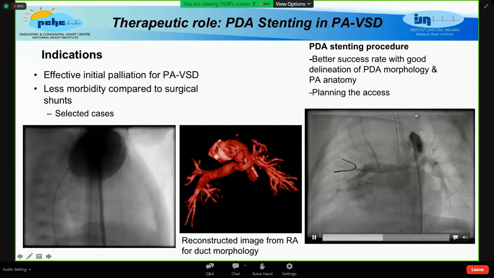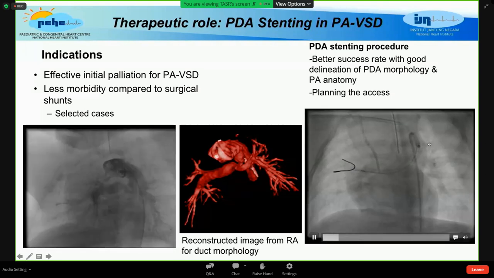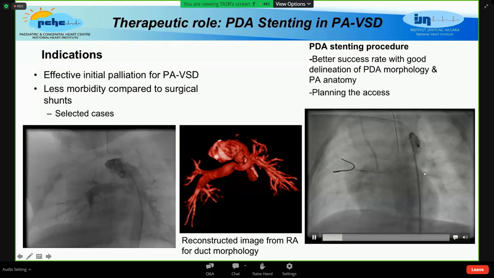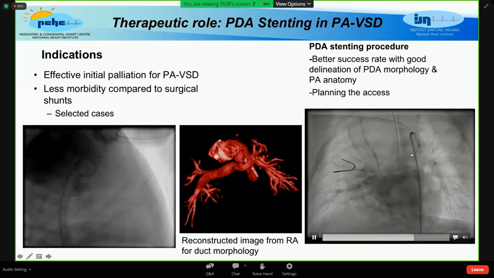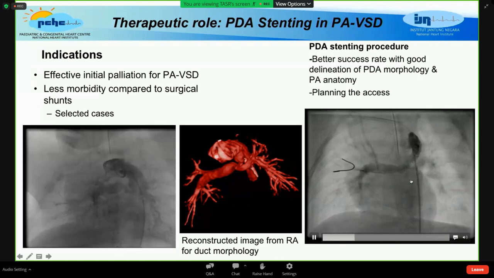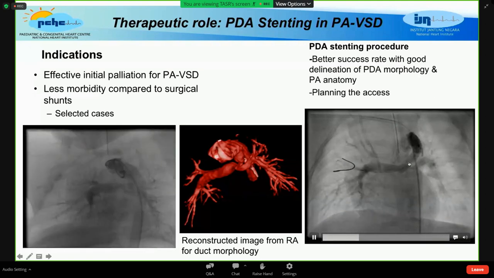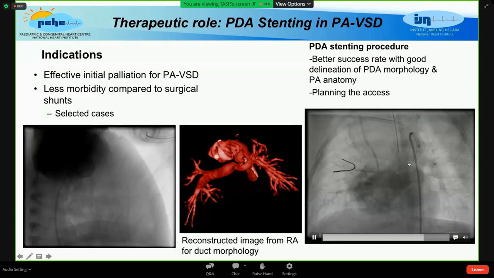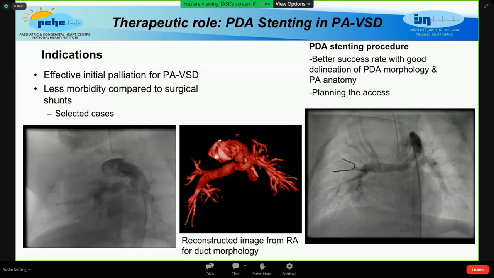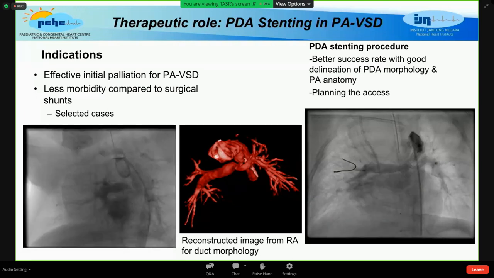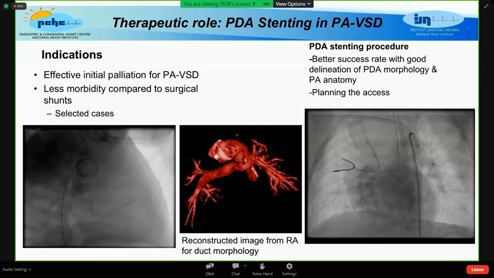The stent is placed nicely, and I know there is a presence of branch PA stenosis, especially when you jail the left pulmonary artery. But these patients usually have good growth of the jailed pulmonary artery, and still a good anatomy to proceed with the surgical repair a year after the PDA stenting.